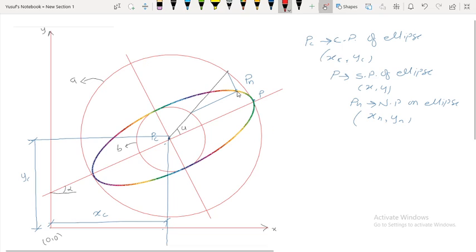So Pn has two components, and these two components we can draw. This horizontal length is Xn.